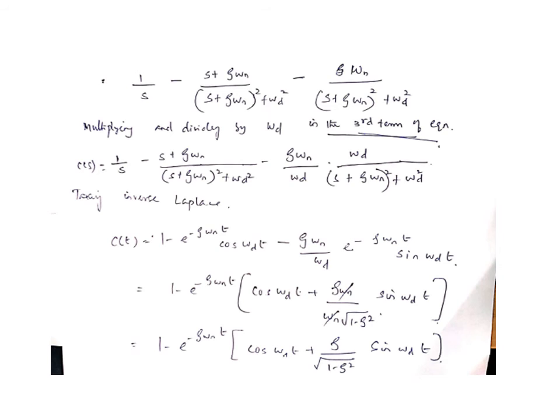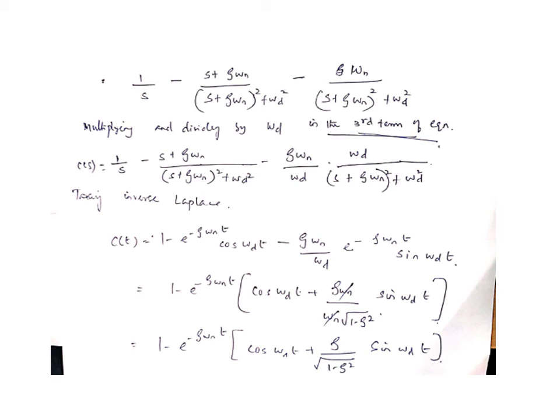Therefore, taking inverse Laplace transform, c(t) equal to 1 minus e power minus ζωn t into cos ωd t, minus ζωn by ωd e power minus ζωn t into sin ωd t. The term e power minus ζωn t is going to be common in both the second and third terms, so I am taking it common.